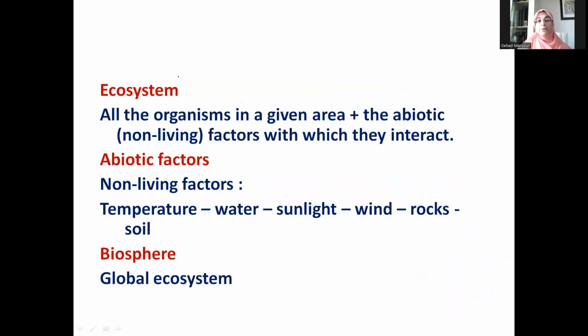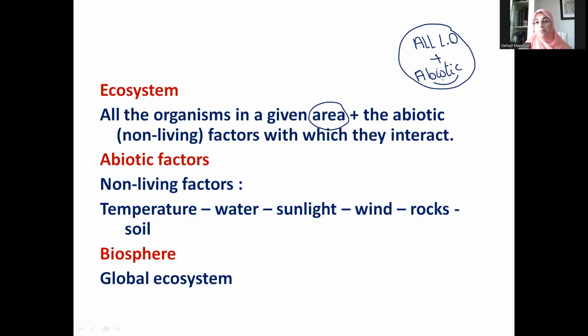And then we have the ecosystem. Again, we have a certain area, and the ecosystem includes all living organisms that live in that area, in addition to non-living factors, or what we call abiotic factors.